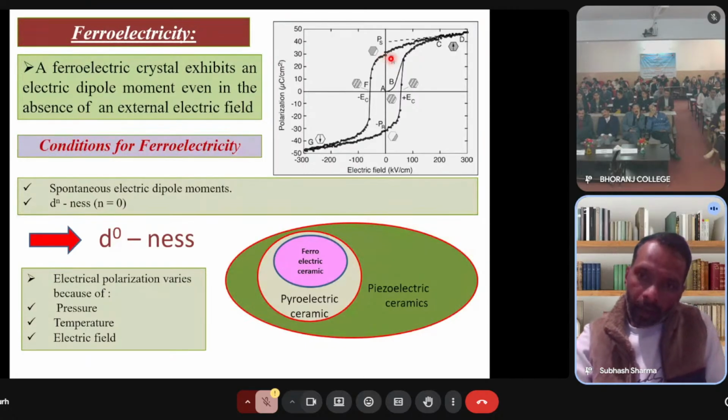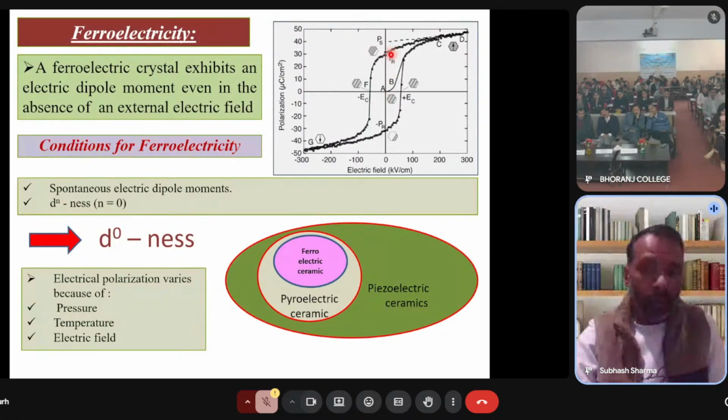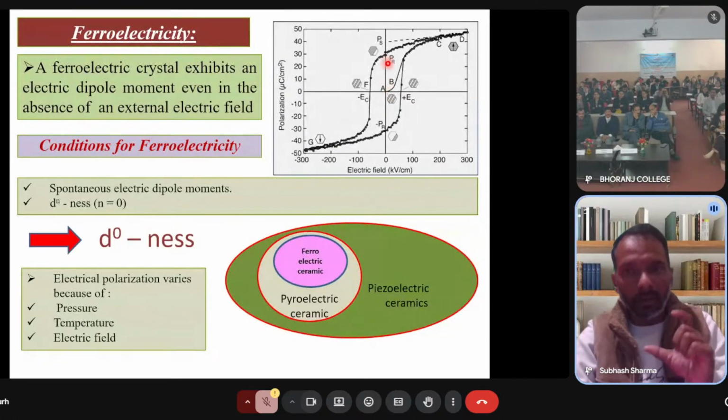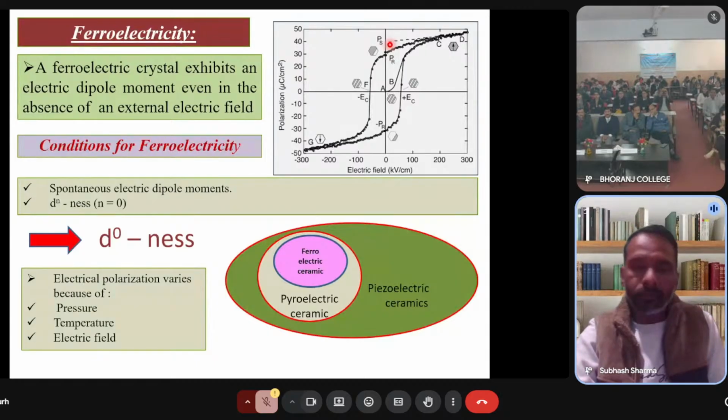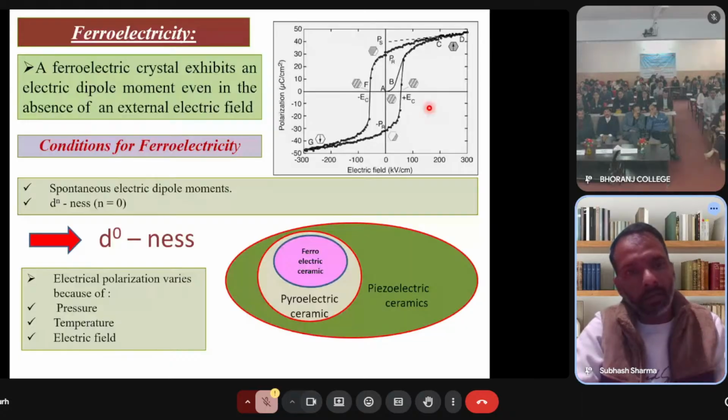It means at zero electric field, you still have some remnant polarization. That's why the name is remnant polarization. Even if the electric field is zero, you have some remnants. And this is PS, the saturation polarization. So if any material shows this hysteresis curve in an electric field, your material is basically a ferroelectric material.